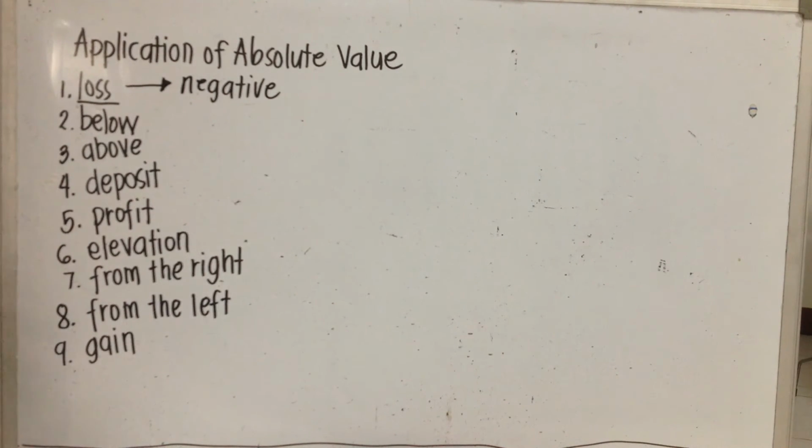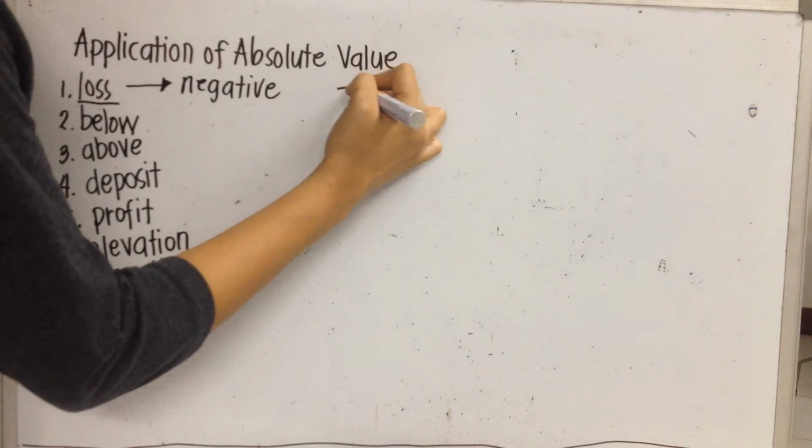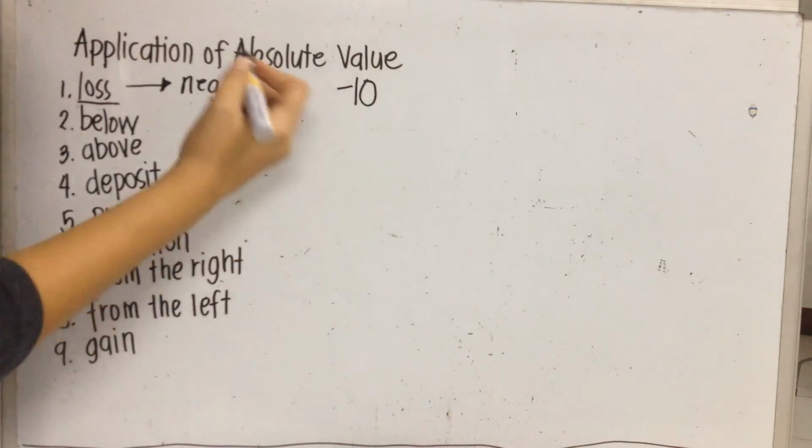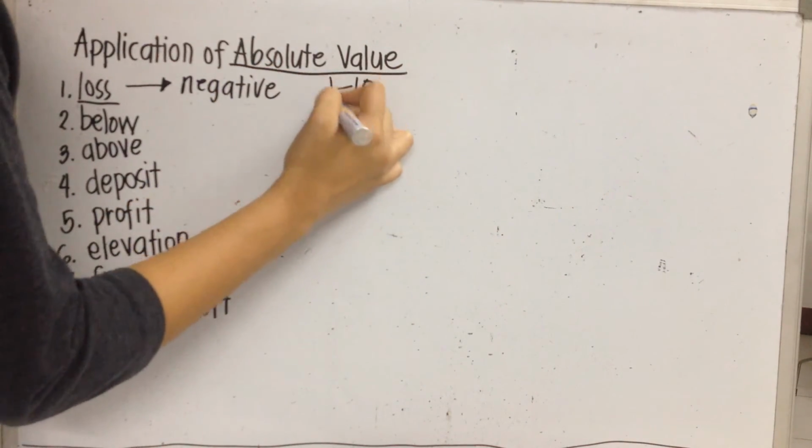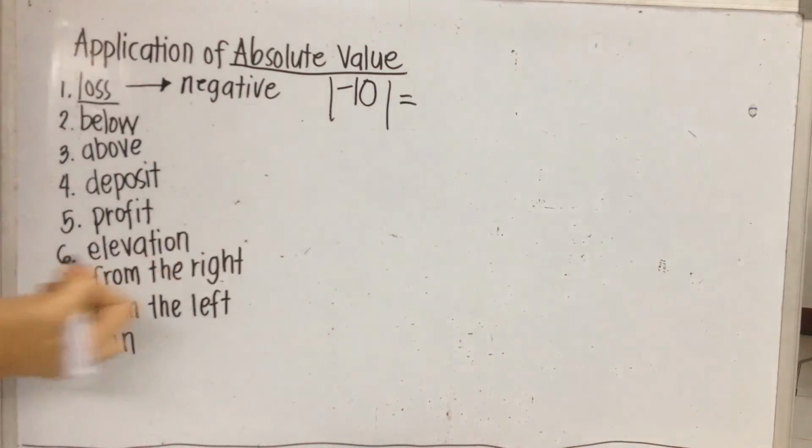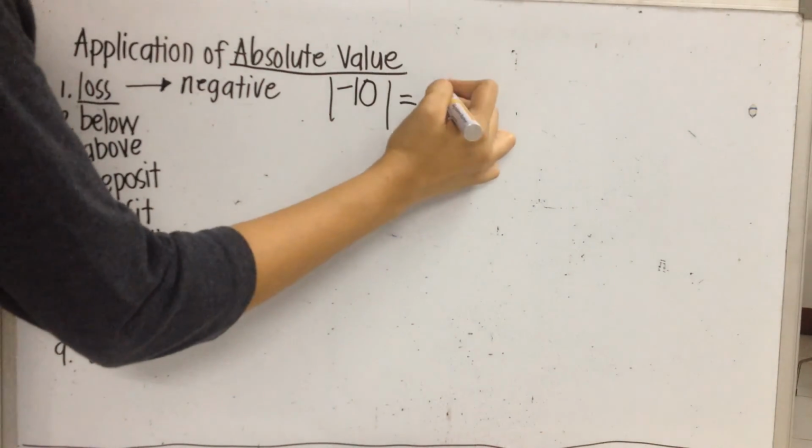So, when we say a loss of 10 pounds, how are we going to represent that numerically? So kapag gagawin natin loss of 10, magiging siyang negative 10. And then, the absolute value of negative 10 is 10.